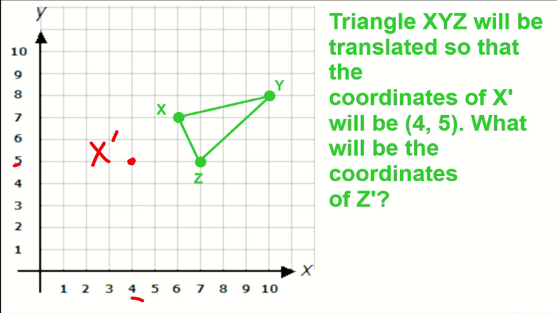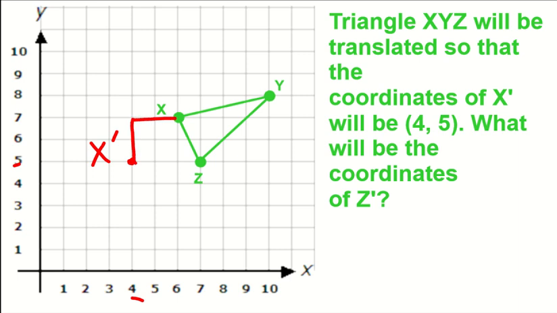When we have a transformation, or in this case specifically a translation, everything has to happen to each one of those points the same amount. So if one point moves one direction, all the points got to move that direction. Everybody follow on that? So if we're doing the same thing here, what happened? X went left 2, down 2.